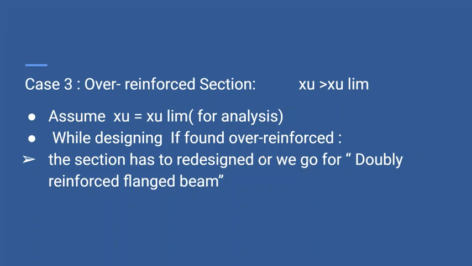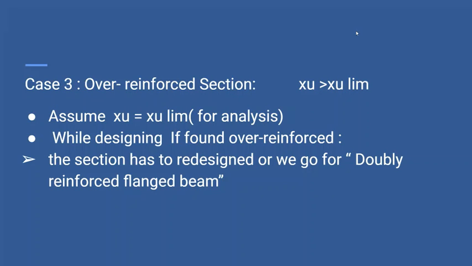But while designing, अगर over reinforced found हुआ, then either you have to redesign it or you have to use a doubly reinforced flange beam. मतलब ये सब जो अभी तक जितना पढ़ा आप लोगों ने, that is for singly reinforced. Now, if you find it over reinforced, then you either go for redesign या doubly reinforced flange beam आप लोग को करना पड़ेगा.